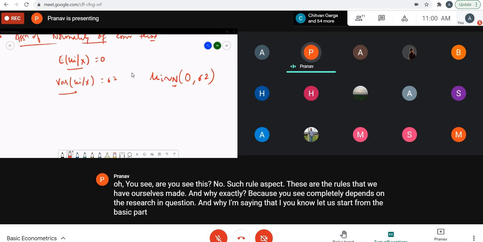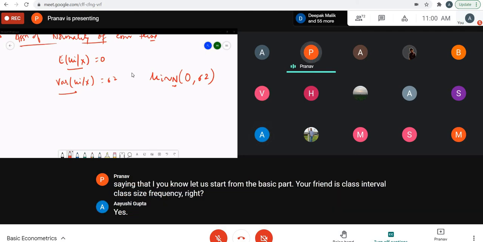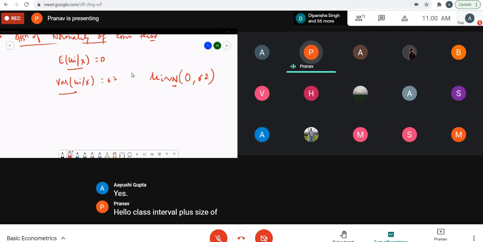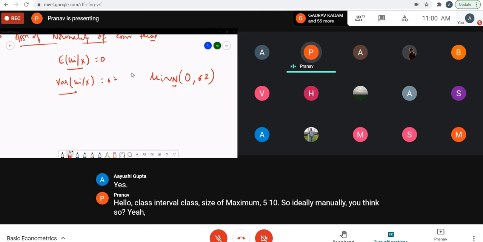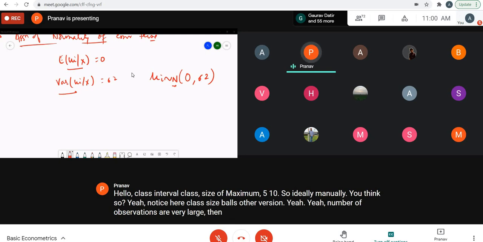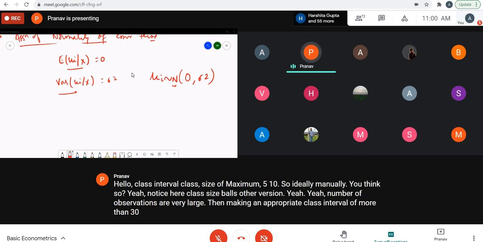You have read class interval, class size, frequency, right? Yes, sir. Class interval size you keep maximum 5-10. Ideally, earlier everything was done manually, so they noticed that when the class size becomes very large, or the number of observations is very large, then making an appropriate class interval of more than 30 is really cumbersome or really tough.